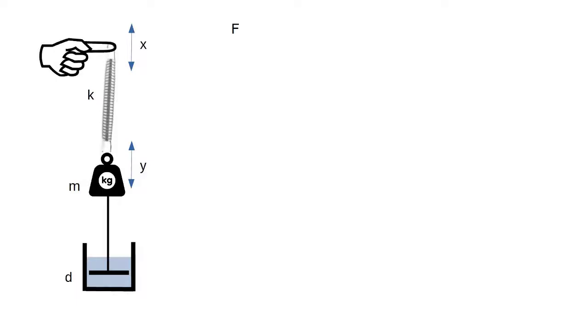Okay, let's consider the force on our mass. We have the force of the spring. K is a constant, depending on how much force it takes to pull the spring a certain distance. And we have the damping, which is proportional to the velocity and always trying to slow the mass down.